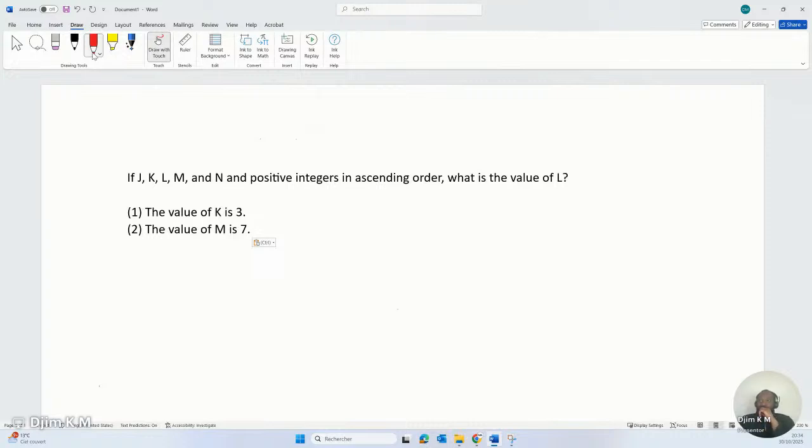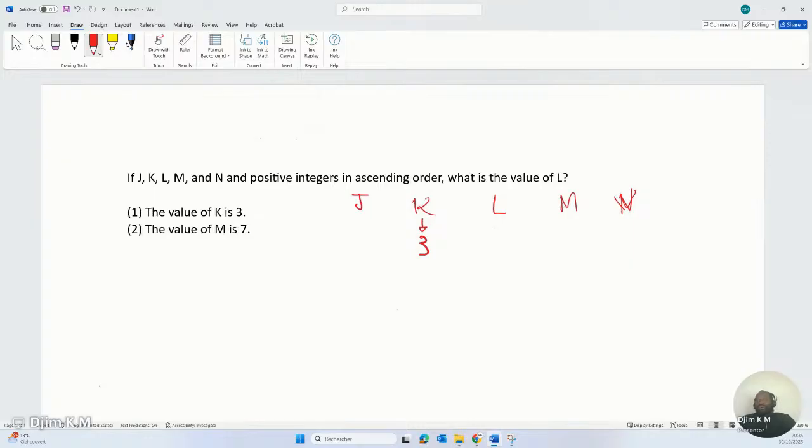So we have like this J, K, L, M, and N. And the first condition tells us that K here is 3. And we know that they are integers and they are in an ascending order. And we need to find the value of L.